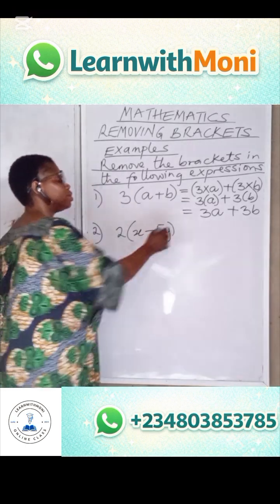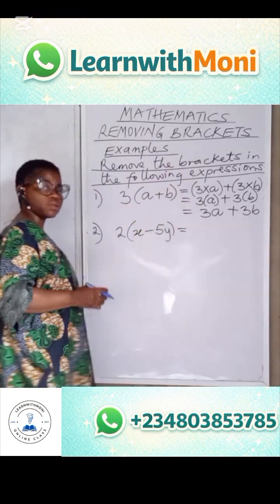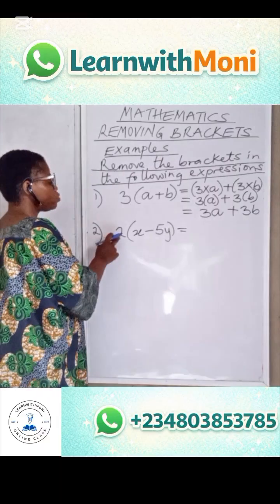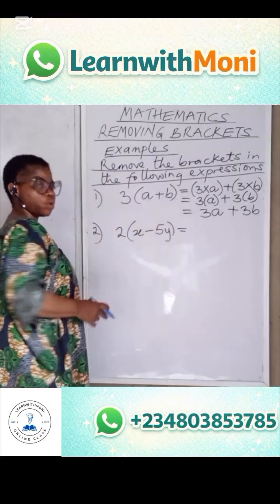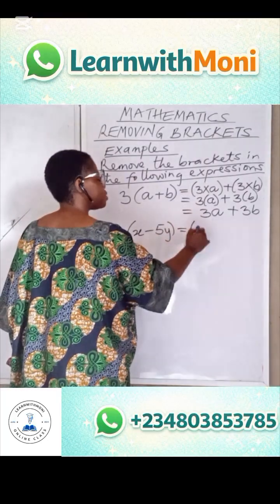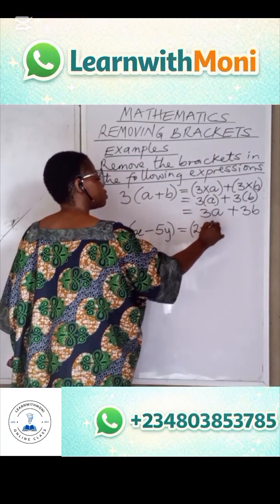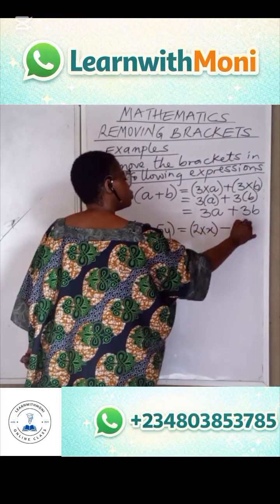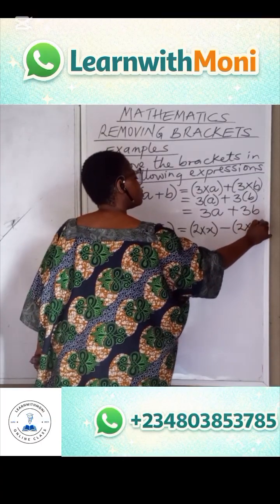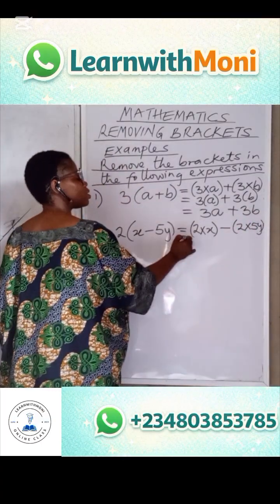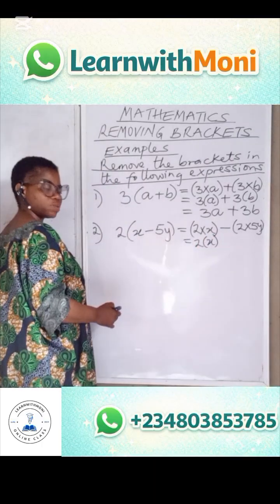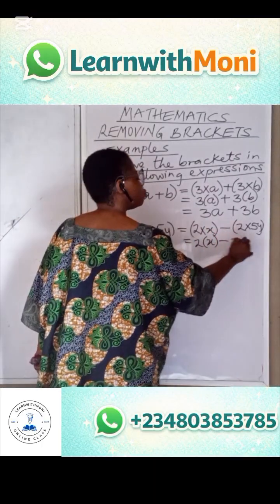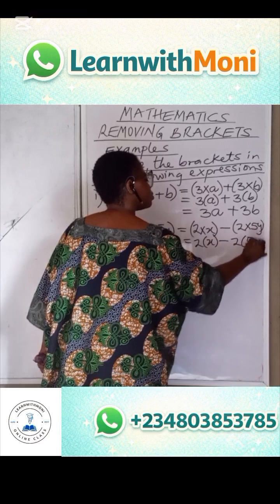What I have here is just similar to what I have up there. It means 2 times x minus 2 times 5y. I can either write it like this, 2 times x minus 2 times 5y, or I write it like this, 2 into x, that is 2 times x, minus 2 into 5y.